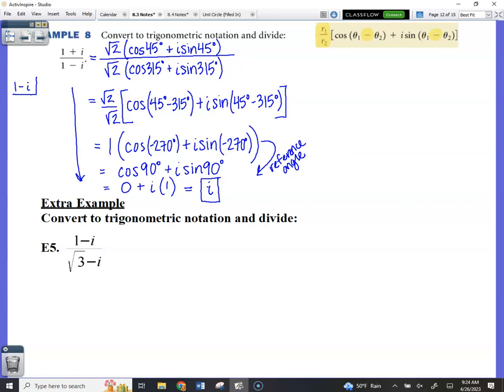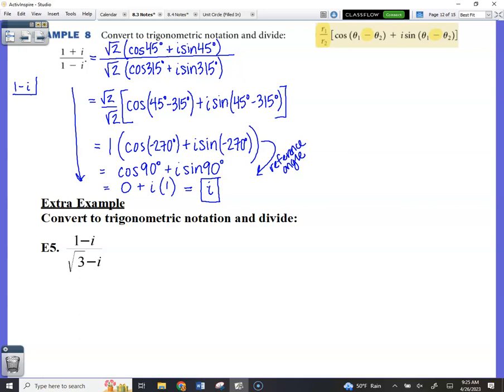Okay, I want you to do E5. The trig notation for 1 minus i is up here, right? 1 minus i, the trig notation is that denominator. And the trig notation for root 3 minus i is, lost it. Root 3 minus i. Yeah. Root 6. Yep, I see it now.